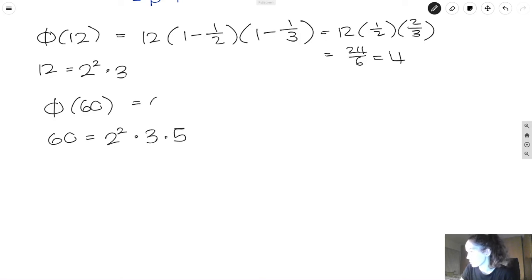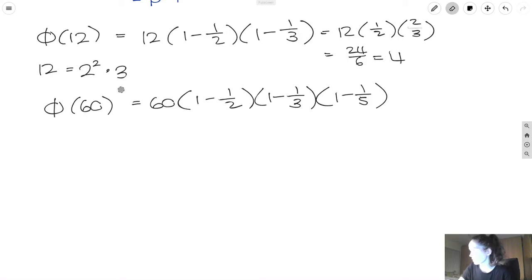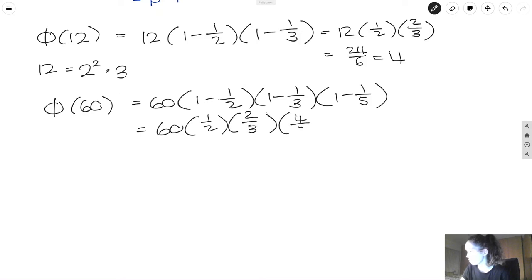So this will be equal to 60 times (1 minus 1 over 2) times (1 minus 1 over 3) and (1 minus 1 over 5), which we can then say is 60 times a half, 2/3, and 4/5, which you can then again rewrite as 480 over 30, which will be 16. So there's going to be 16 natural numbers less than 60 which will have a GCD of 1 when you compare it to 60.